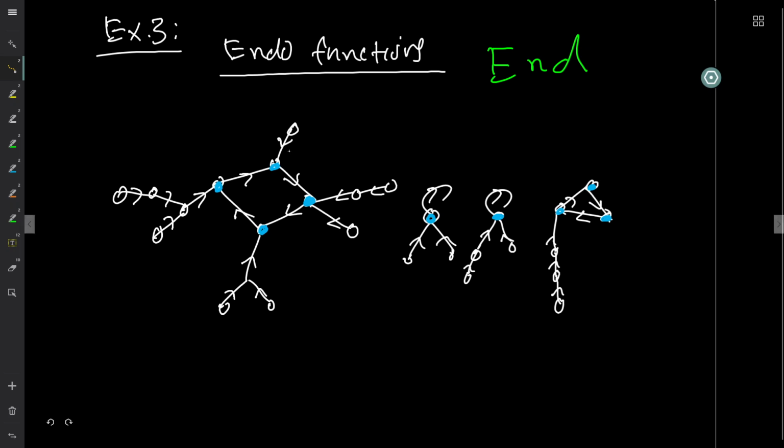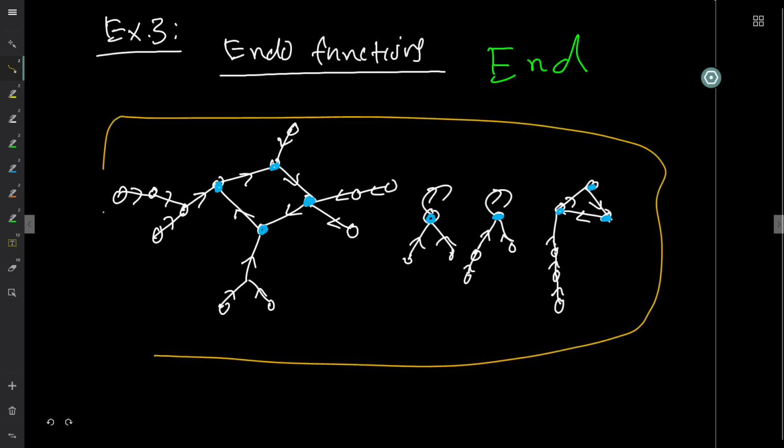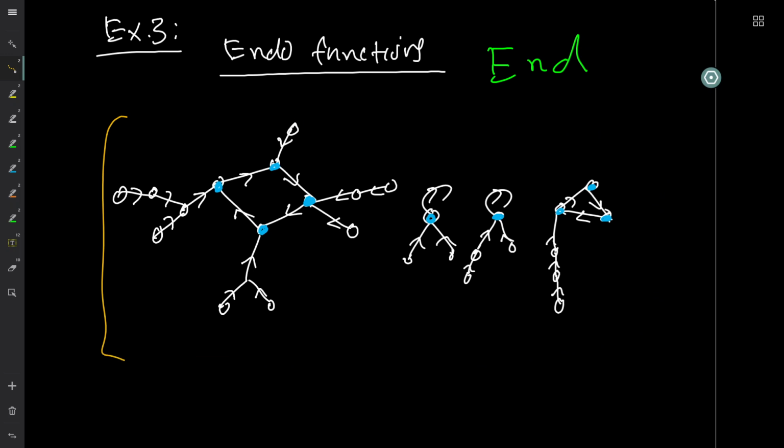Therefore, there will be cycles in each of the components, and you will get something like this. Now, what is this? Can you see it as some kind of operation on species? That is the question. So the species of endo functions, can you think of it as a combination of species, as a product or composition or something like that? What can you see here?